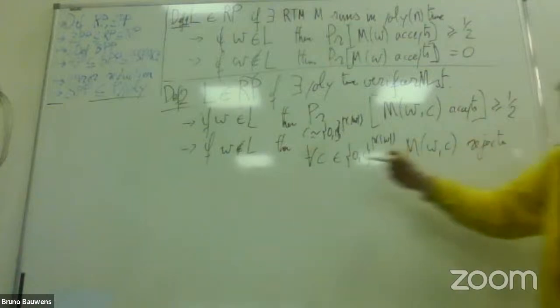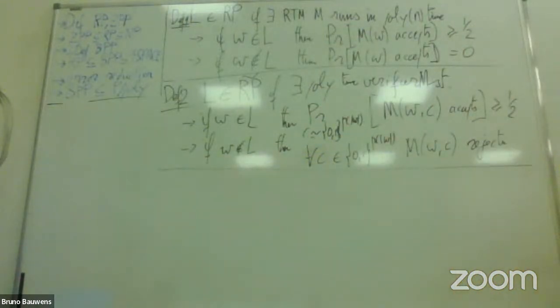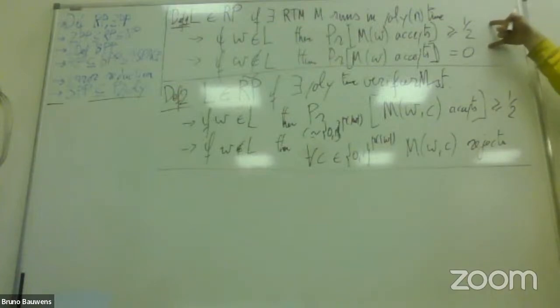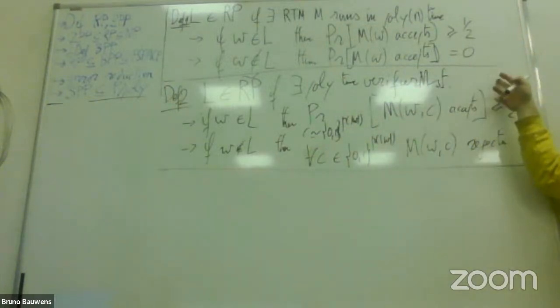Okay, and so both definitions are the same, and I guess you will already understand why this is true. It's too easy, and you should remember it from the lecture on NP. Imagine that we have such a probabilistic polynomial time Turing machine. How do we construct a polytime verifier? How will it operate?